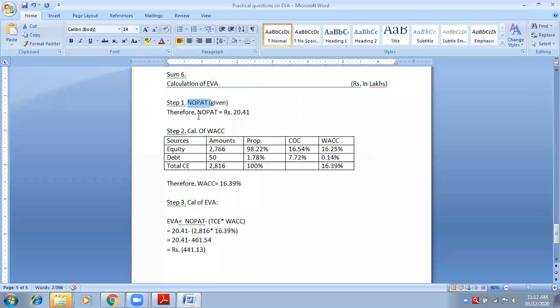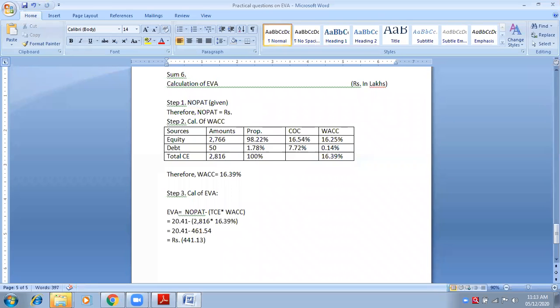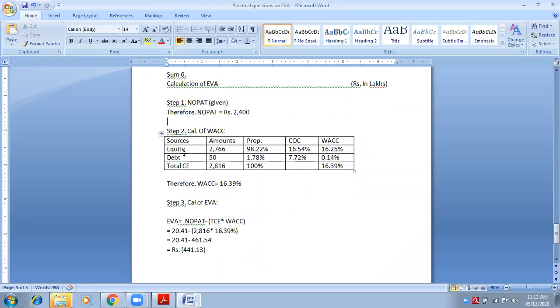Very good. That is what is available to you, ready-made. So what is the amount? 2400. Okay, so it is already available, no need to find out.